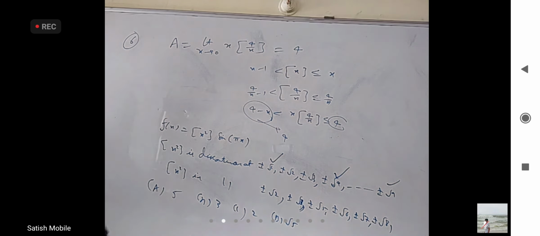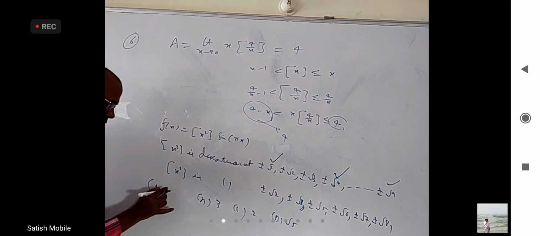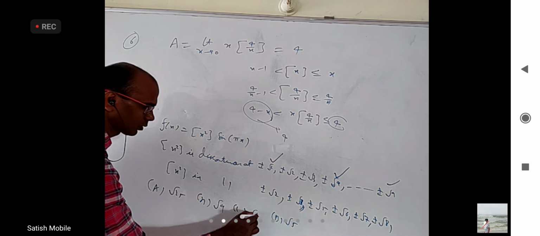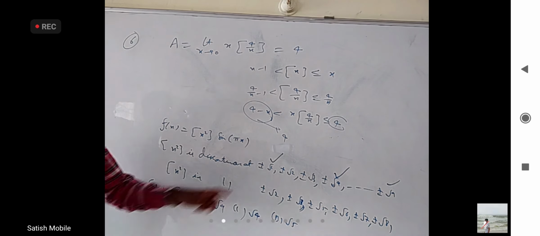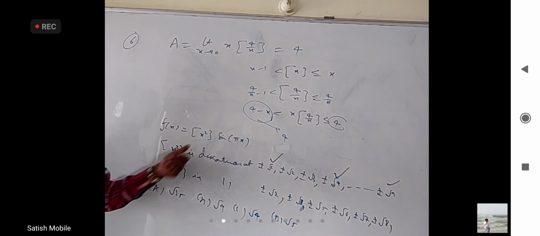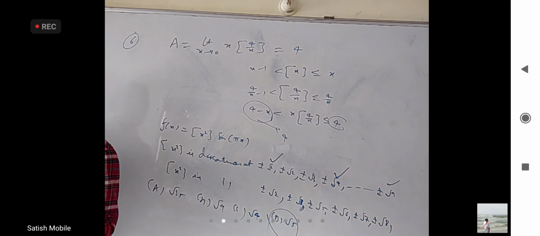At which of these places is this discontinuous? These are all integers. Actually they gave root 9 and root 4. At all these places, square root of a perfect square, it is actually continuous, but at root 5 it is discontinuous. Is it clear? Okay.